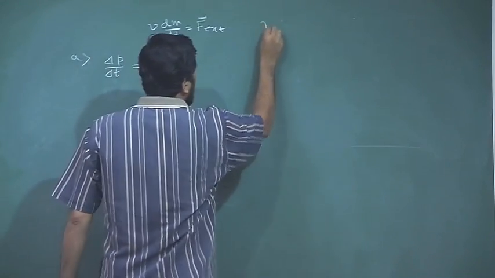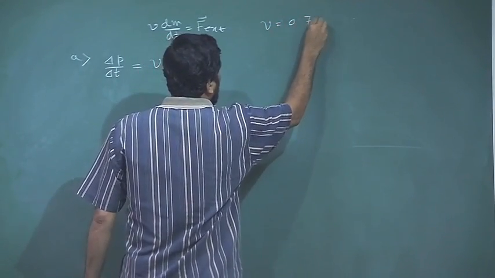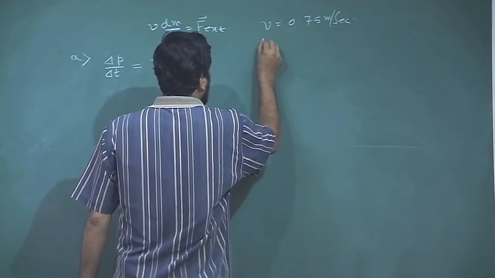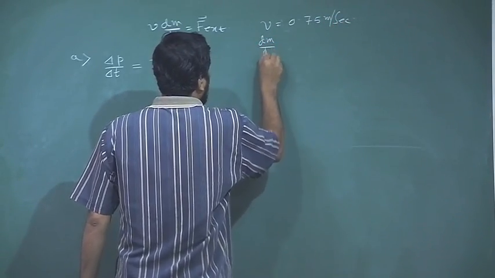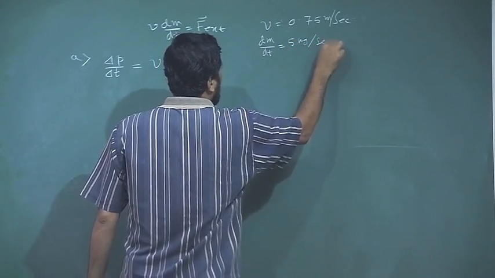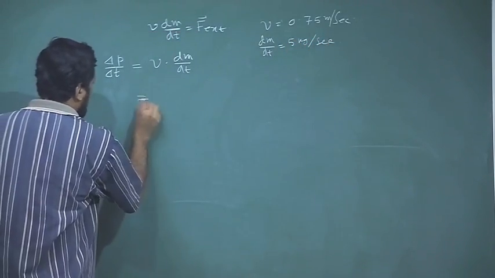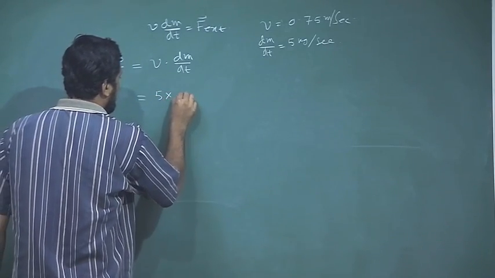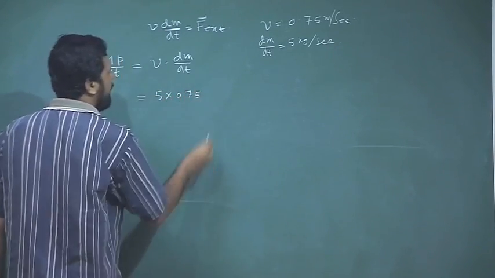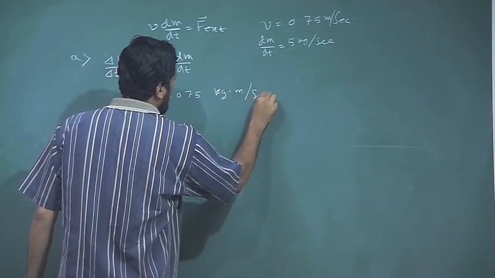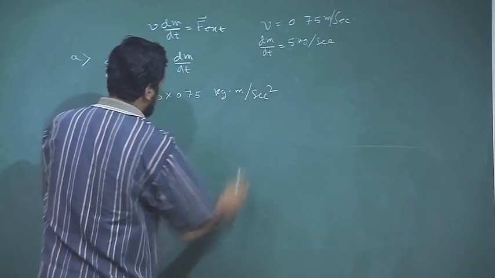It is given that V is equal to 0.75 meters per second and dm/dt is equal to 5 kg per second. So, we just put these numbers in and we have 5 into 0.75 kg meter per second squared, which is nothing but Newton.